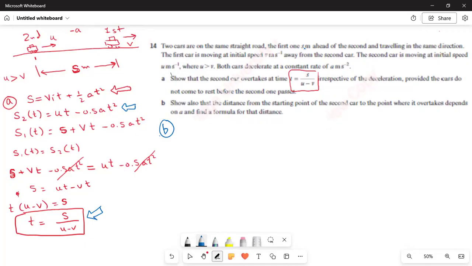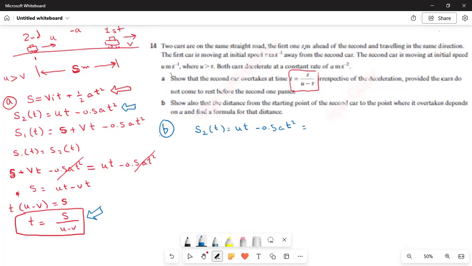So the distance of the second car as a function of time is equal to ut minus 0.5 a t squared.